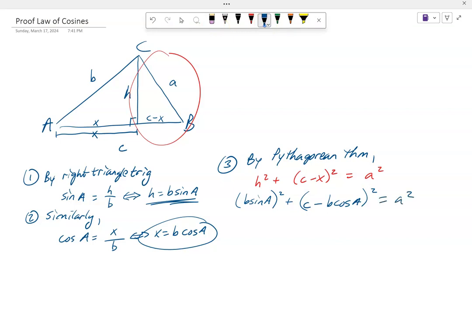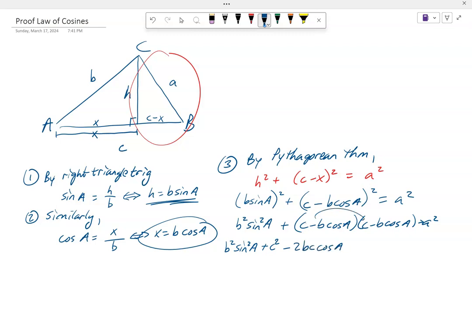And let's go ahead and expand this. So b sine A times b sine A is b squared sine squared A. And I got two of these c minus b cosine A's that I'm multiplying out. So I got b squared sine squared A plus c squared minus bc cosine A minus another bc cosine A. So that's minus 2 of these bc cosine A's.